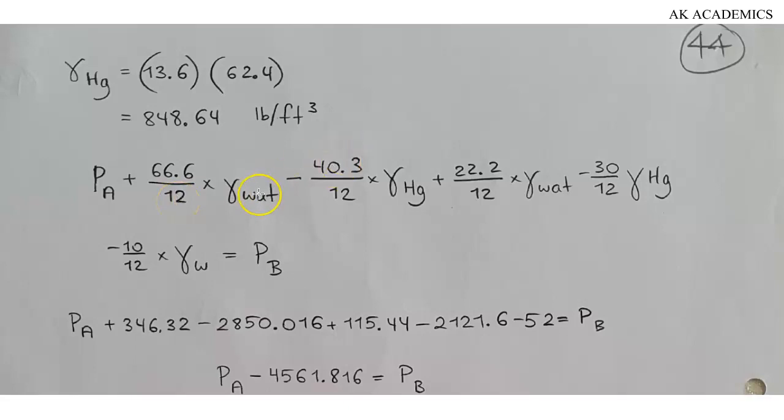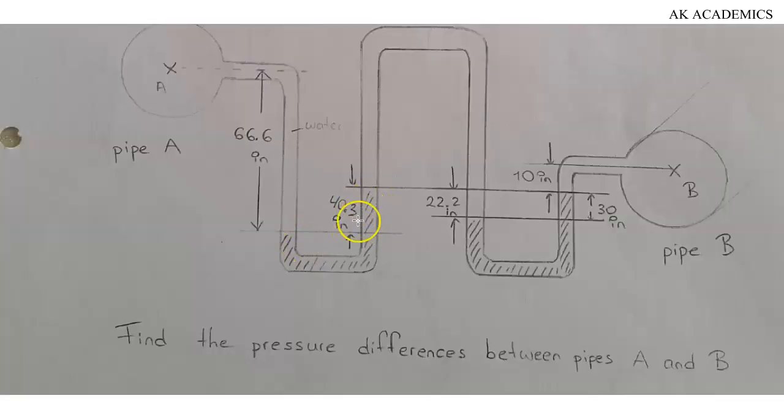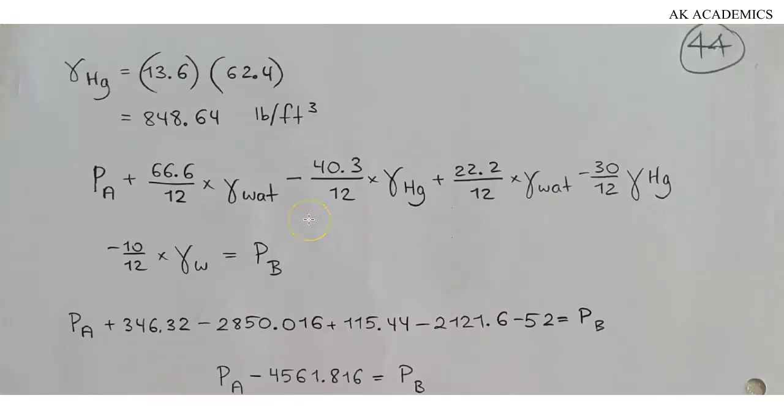Okay, so let's go ahead. For this mercury, the pressure here will be equal to the height of mercury multiplied by the specific weight of mercury. The mercury is flowing upward, so we're going to have a negative sign. That is why you see that we have minus 40.3 divided by 12, converting inches to feet, multiplied by specific weight of mercury.